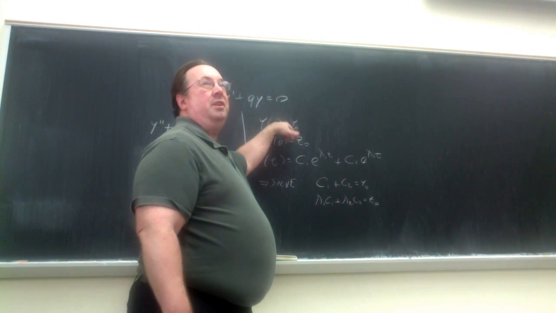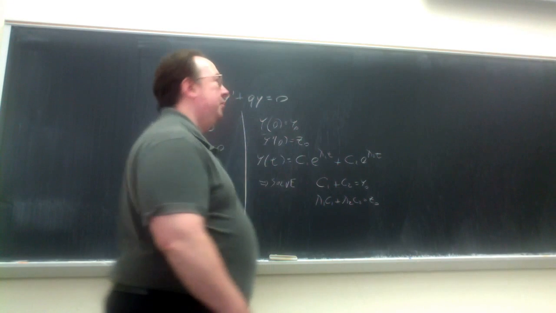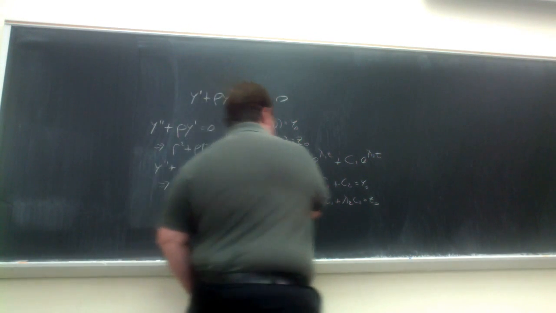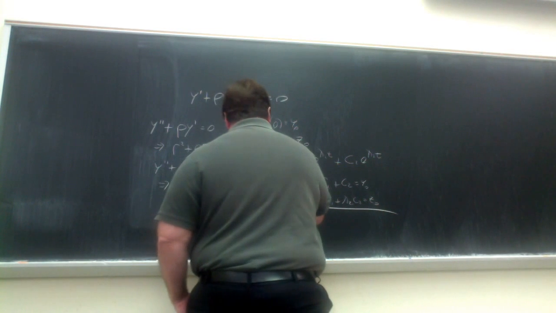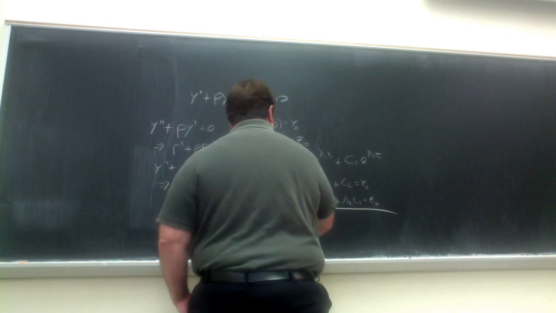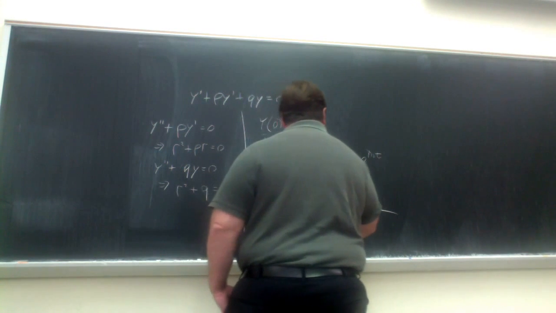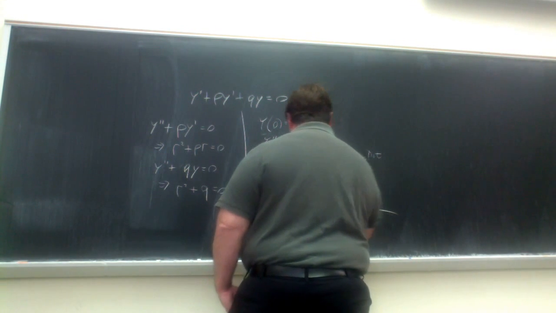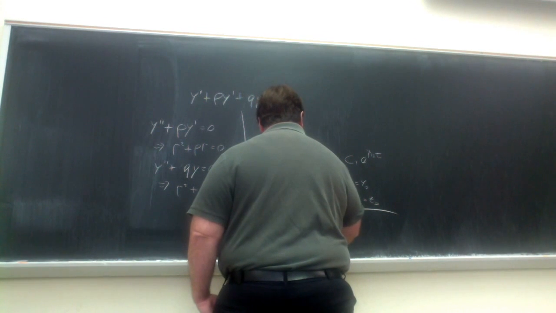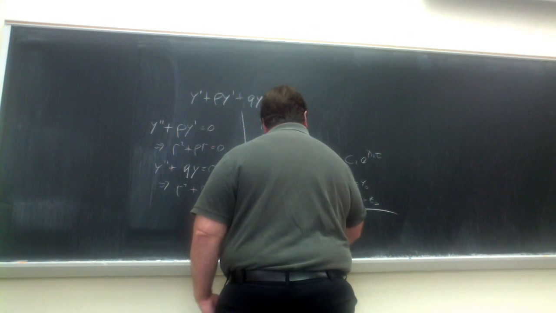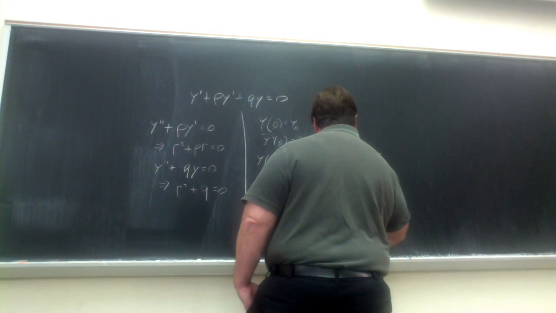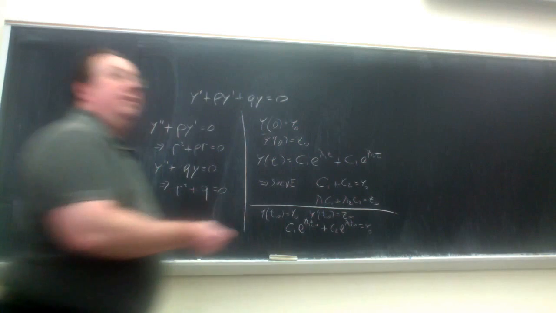This is important, though, the initial time. So if the initial time is not 0, another way to think about it is, if I were to generalize the initial conditions, y of t naught is y naught, y prime of t naught is z naught, then the equation you're solving is c1 e to the lambda 1 t naught, or whatever it is, plus c2 e to the lambda 2 t naught is y naught, and then a similar equation for the derivative.